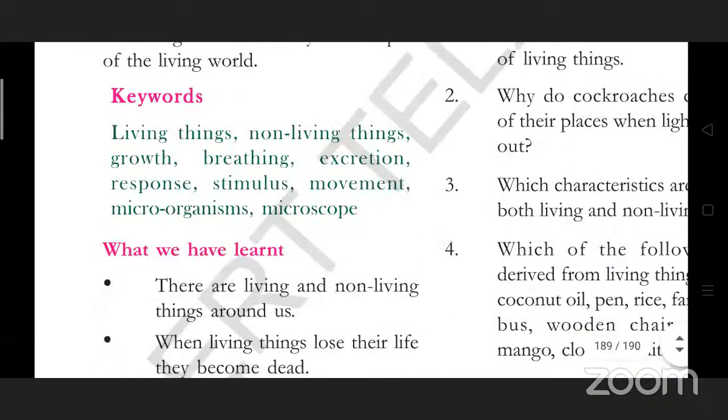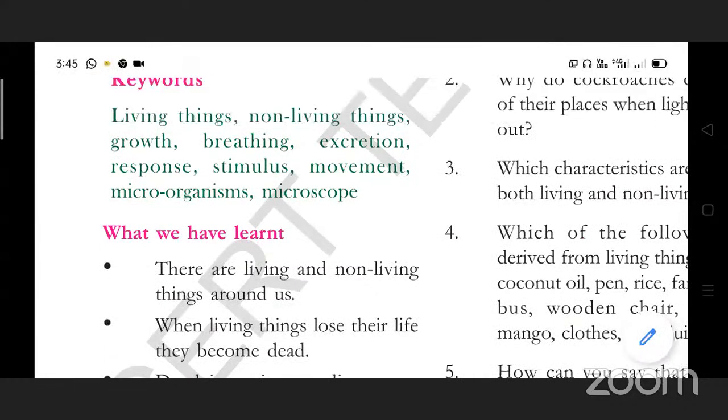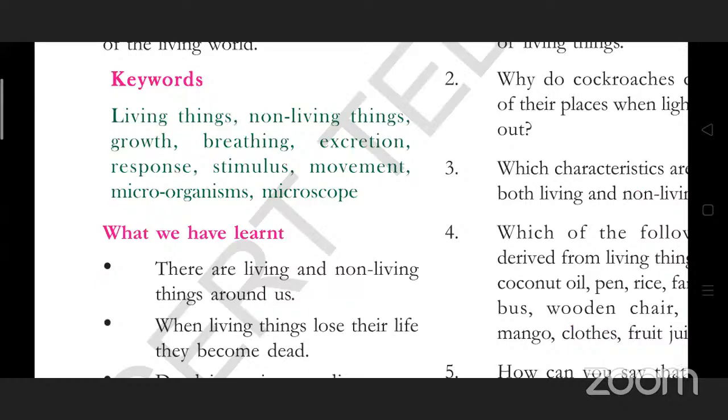Children, concentrate here. Let us recall what we discussed. What are the characteristics of living things? How plants respond to stimuli, and what happens when we touch a plant with a hot vessel.